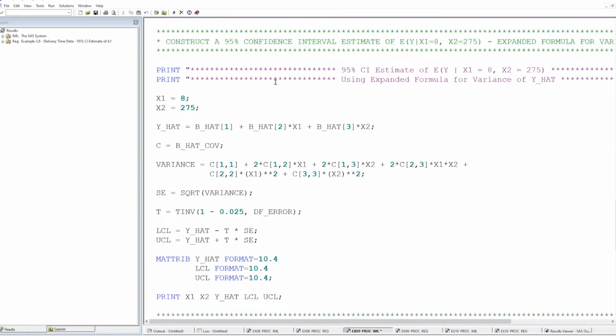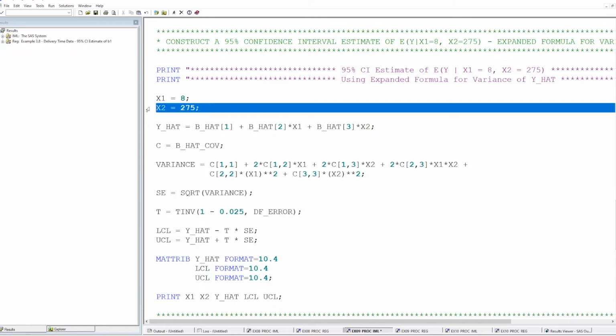We create a variable x1 and set it equal to 8. We create a variable x2 and set it equal to 275.